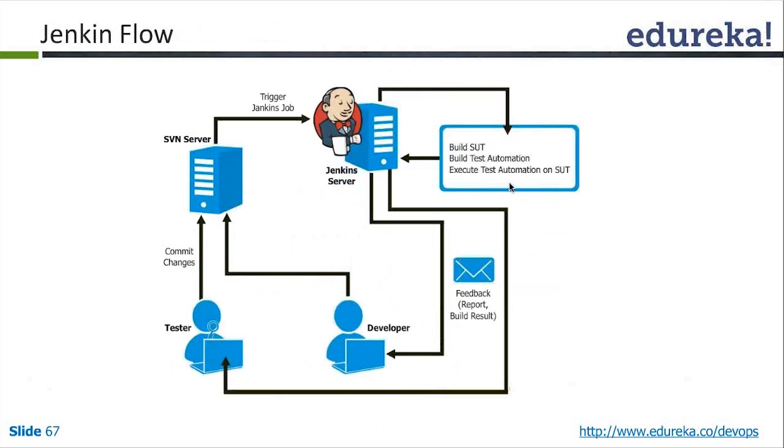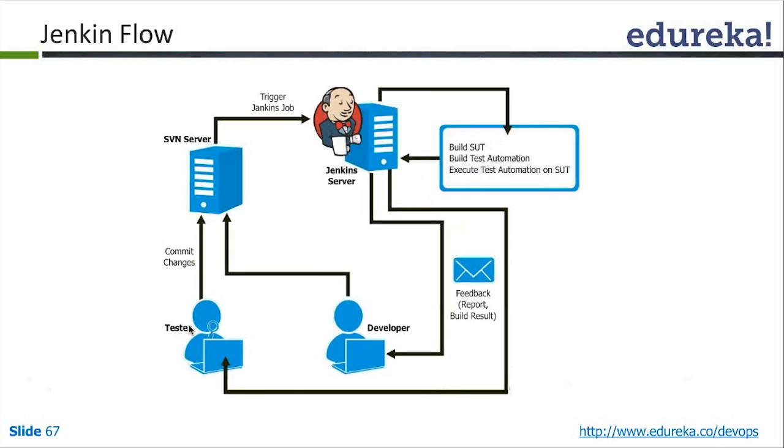Okay, so once more, the flow. The developer commits, which triggers a job in Jenkins. The Jenkins server has its test automation and tools, puts the build into the test side, sends the result, and sends feedback to the tester.